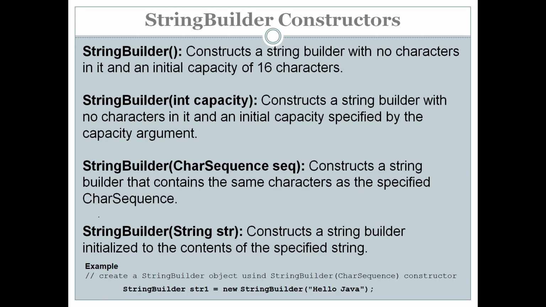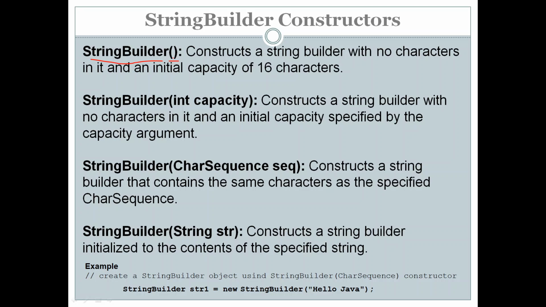Okay, there are some constructors by using which we can create a StringBuilder. The first constructor, which you can see here, StringBuilder, takes no arguments. This constructs a StringBuilder with no characters in it. So you can see there are no arguments in the constructor.